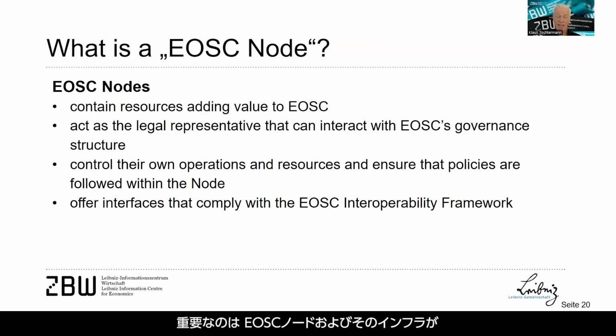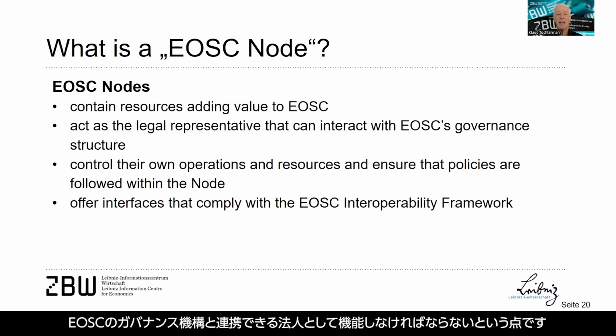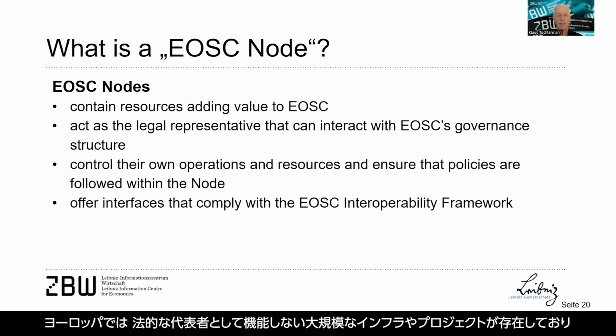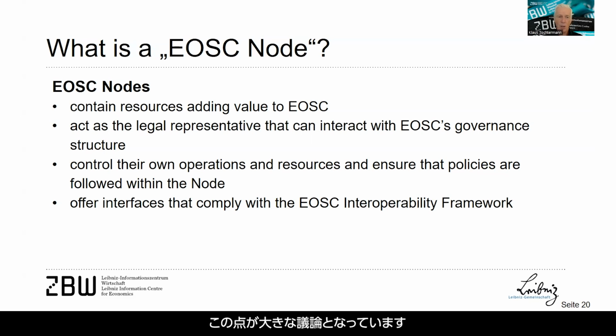What's important is that an EOSC node, such an infrastructure, must act as a legal entity that can interact with the EOSC governance structure. And that's an issue that is heavily debated in Europe because we have infrastructures, big projects, which do not act as a legal representative. They are not a legal entity. They are just a big project. But the project itself is not a legal representative, and we are currently working on a solution to this debate.